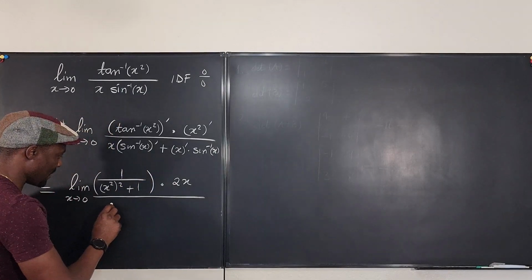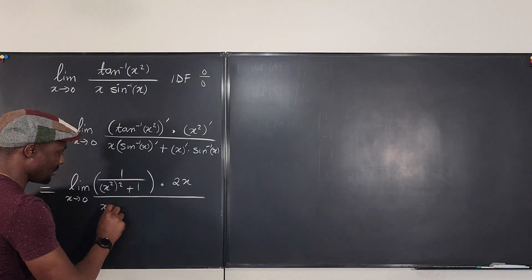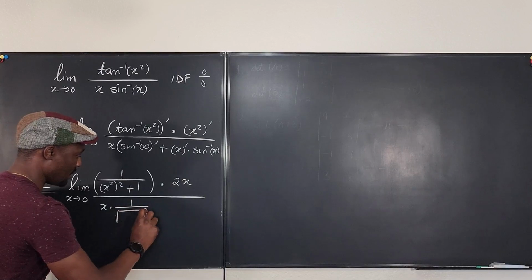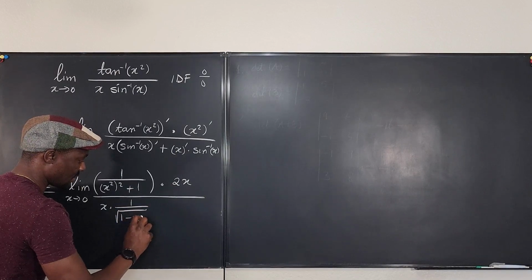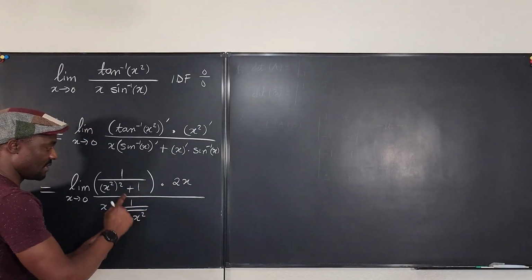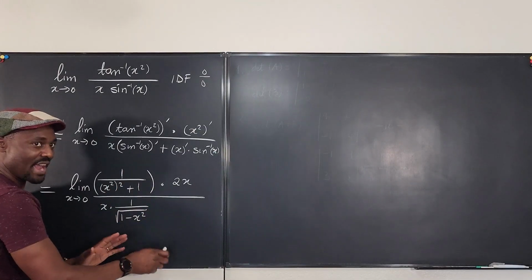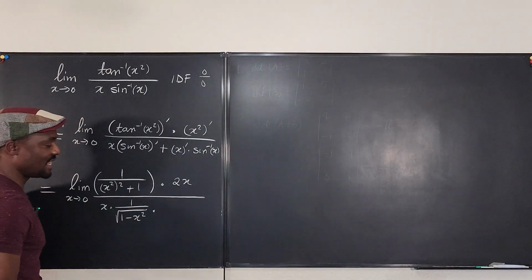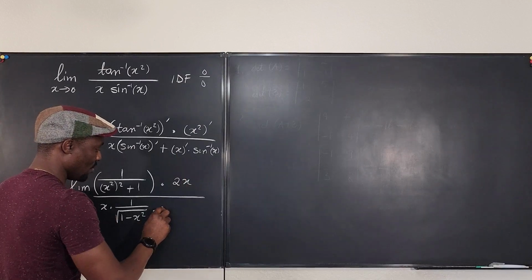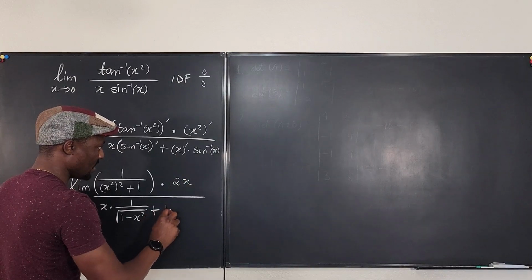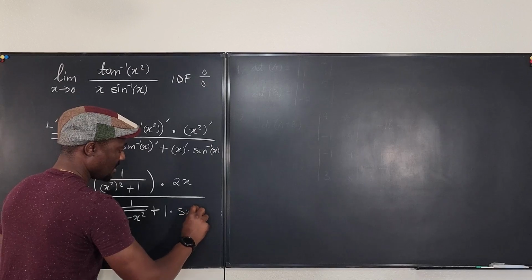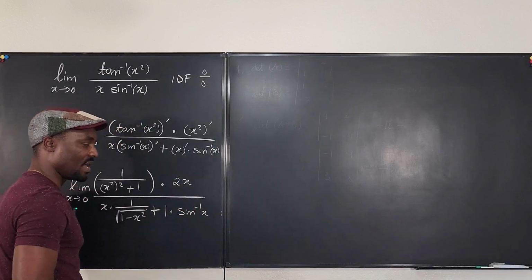Well, you need to know that it is 1 over the square root of 1 minus x squared. That's the derivative of arcsine. So I'm writing every bit of it out so we can see it. And then the derivative of x is 1. So this is plus 1 times arcsine of x.